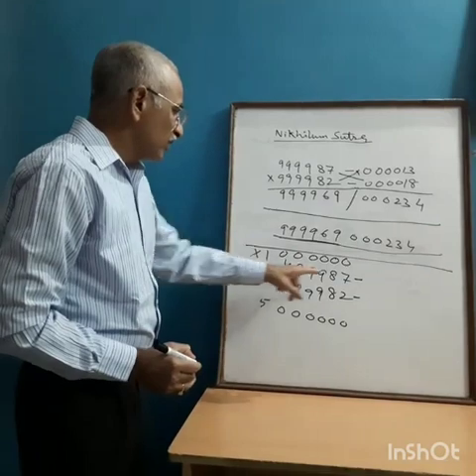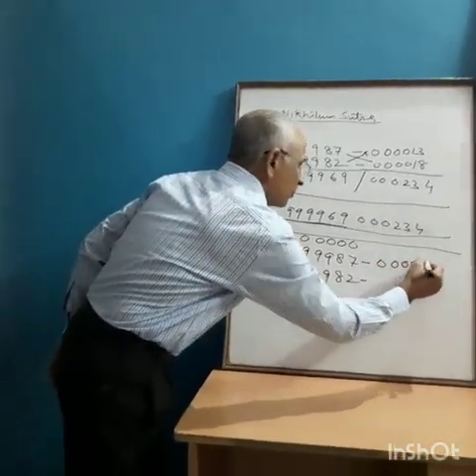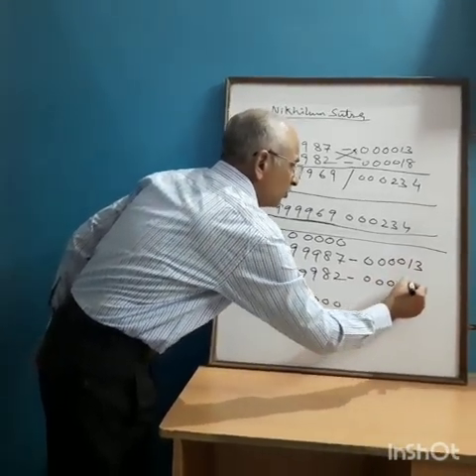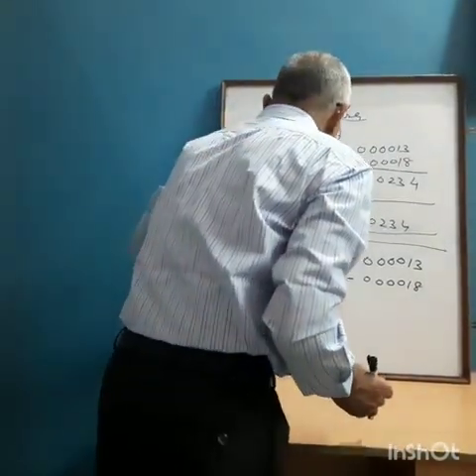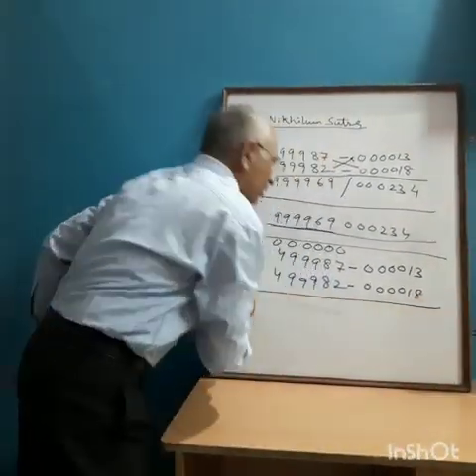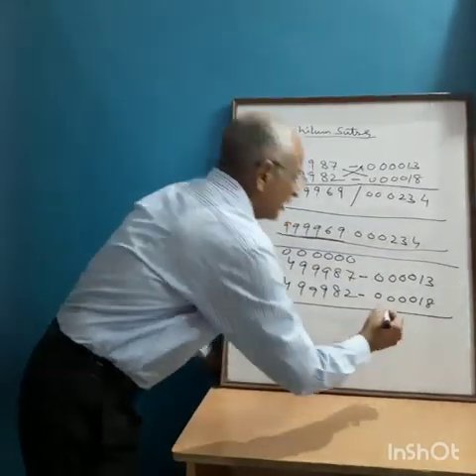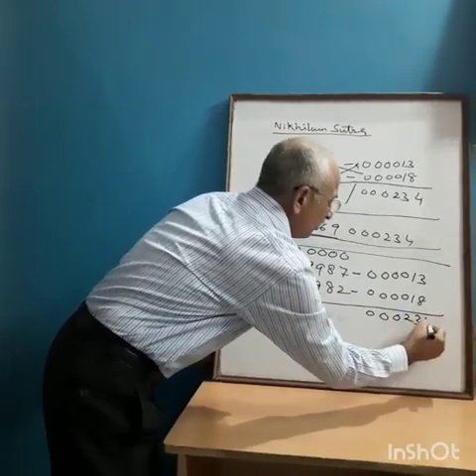And from this base number, you have to subtract and proceed in the same way. Here again, when you subtract, you get 00013, then 00018. And again, find the product of the two differences. It will give 000234.